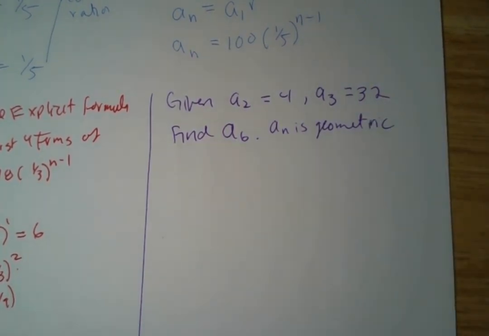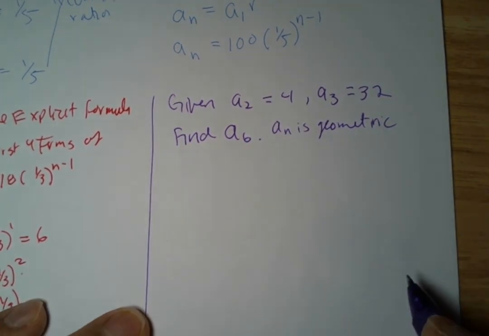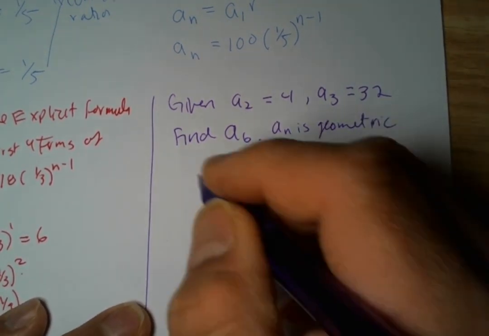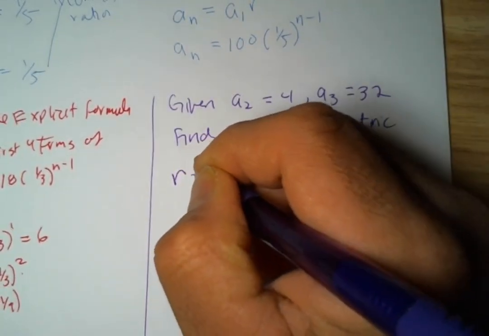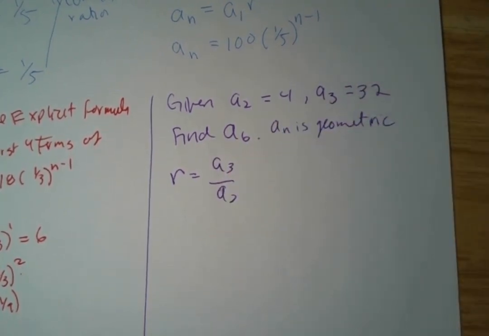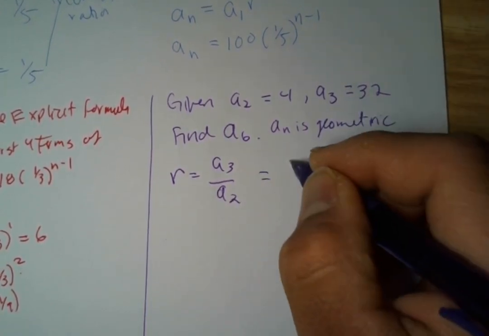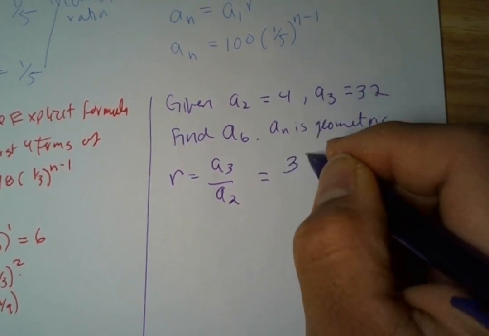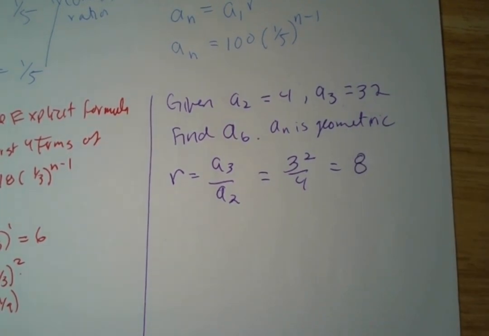What I'll start off with is finding the explicit formula. Notice we have two terms that are next to each other, so it should be easy to find the common ratio, since it's geometric. Our common ratio R is always whatever term we're at divided by the previous one. In this case, we're given 32, and then the previous one being 4. So we have our common ratio to be 8.